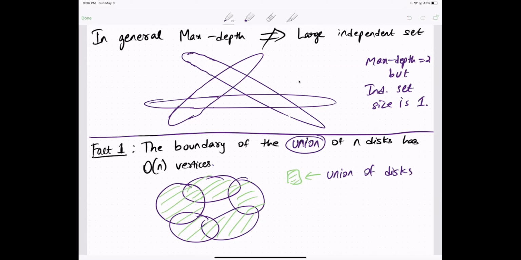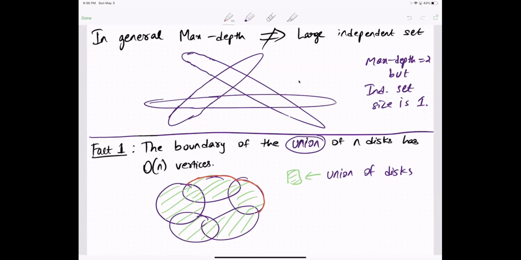Okay, so now what is the boundary of this union? Let me just draw it. We need some way to represent the union. This union is again an object, a more complex object than a disk, but it is still an object.